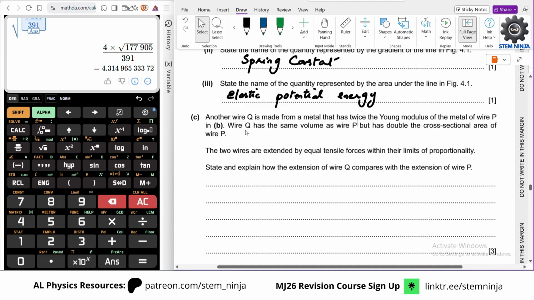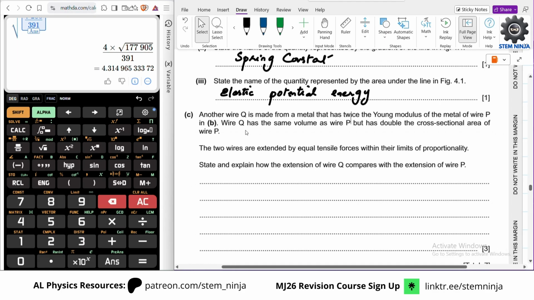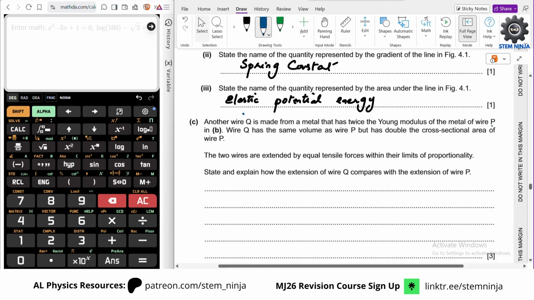Another wire Q is made from a metal that has twice the Young modulus of the metal of wire P. Wire Q has the same volume as wire P but has double the cross-sectional area of wire P. Two wires are extended by equal tensile forces within their limits of proportionality.